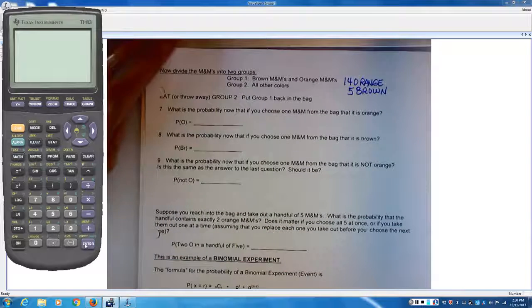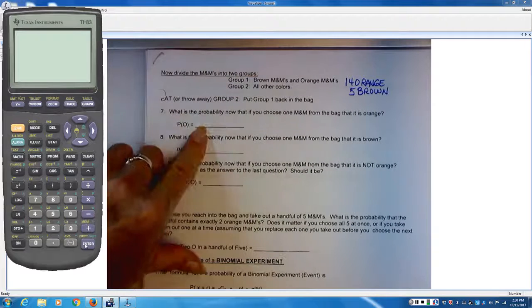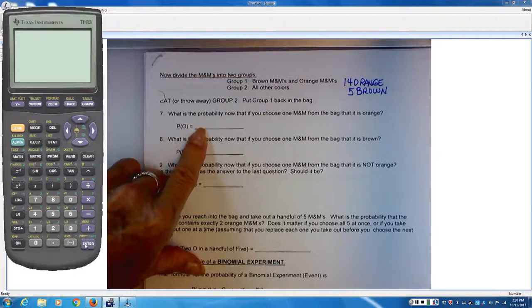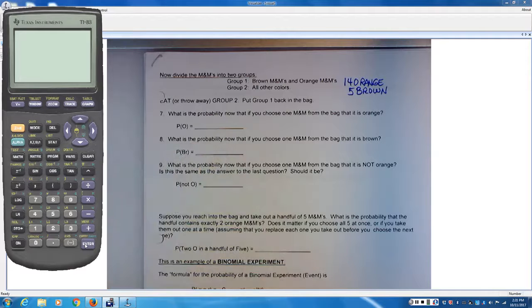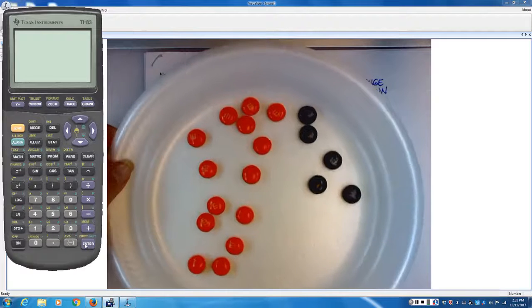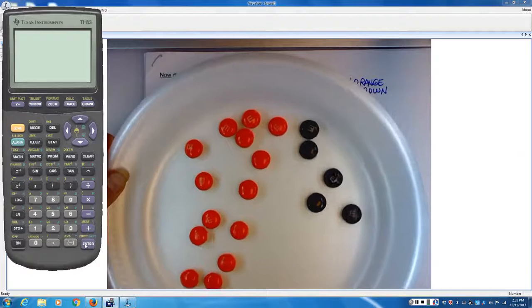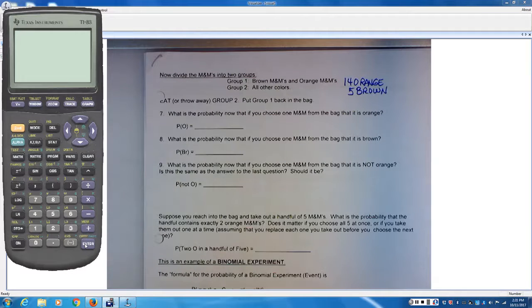What I need now to do is I need to write the probability that if I choose one M&M out of the bag, that it's orange. Is that going to be a high or a low probability based on mine? Which is more likely, orange or brown? Orange is way more likely.